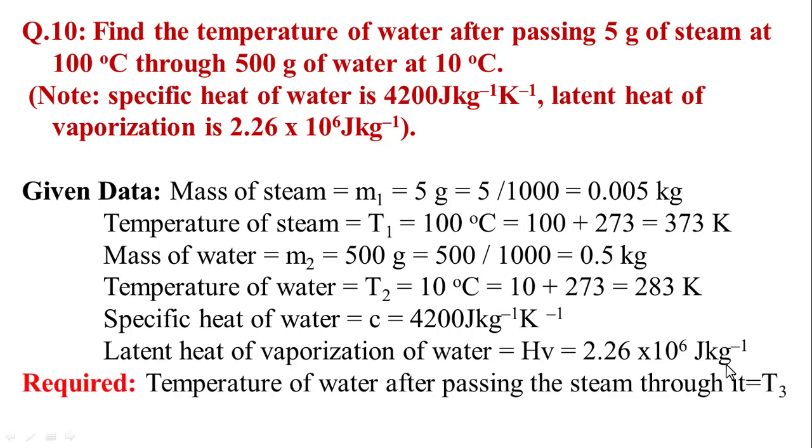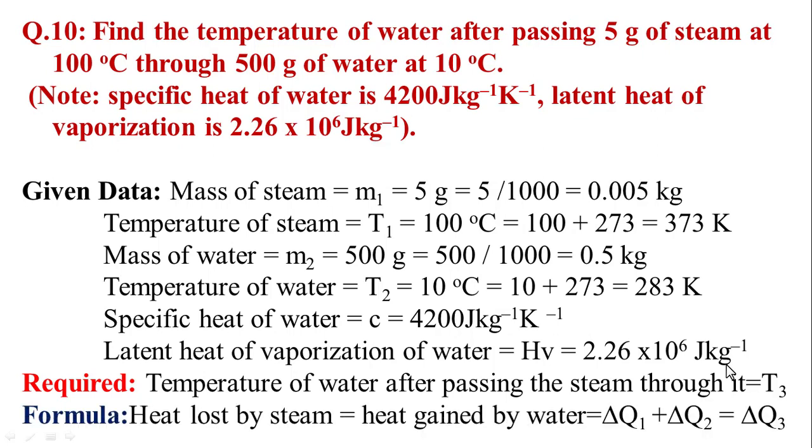Now we can find the temperature of water after passing the steam, that is, we can find T3. So we write the formula: heat lost by steam is equal to heat gained by water, that is delta Q1 plus delta Q2 is equal to delta Q3.